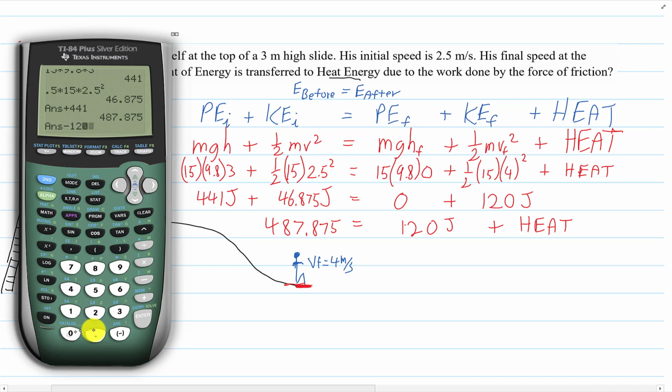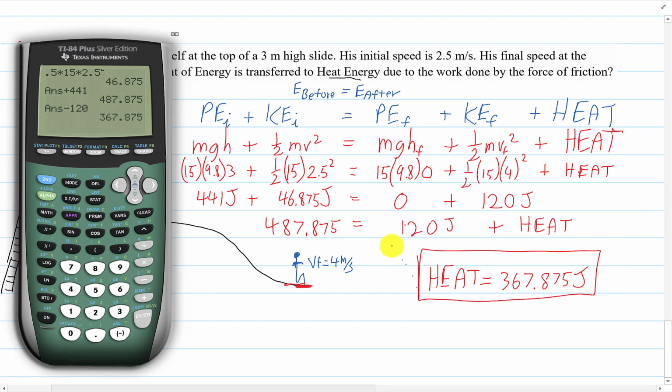And I get that the heat energy is equal to 367.875 joules through conservation. And we couldn't use kinematics here.